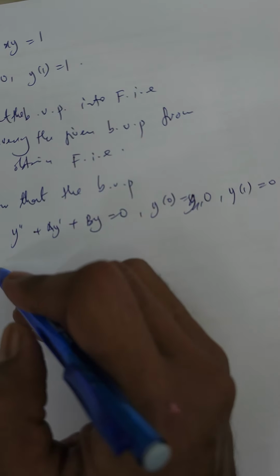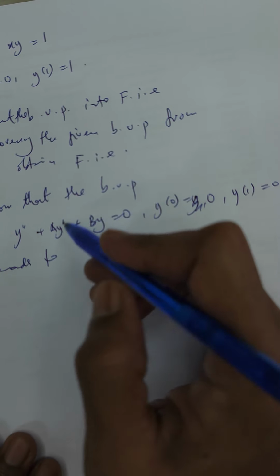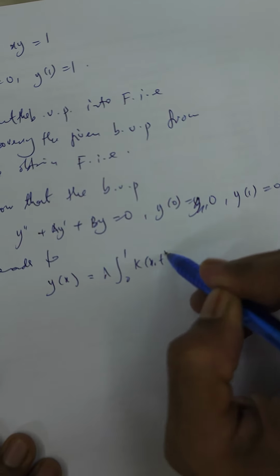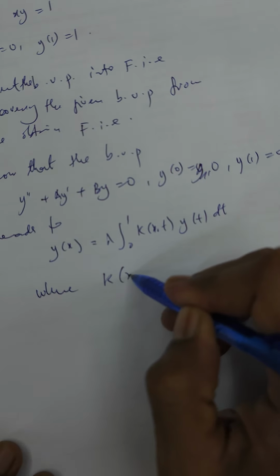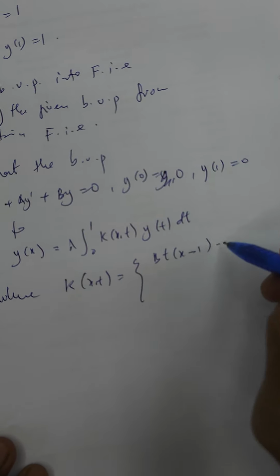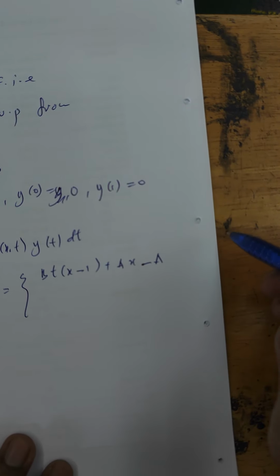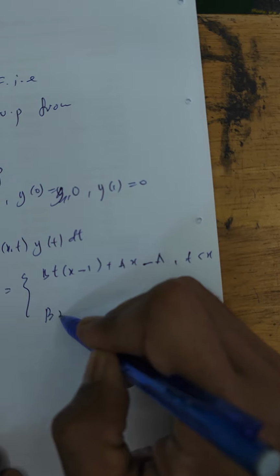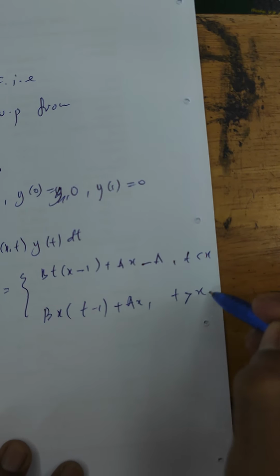Show that this leads to the integral equation y(x) equal to lambda integrate 0 to 1 k(x,t) y(t) dt, where your k(x,t) is b t (x minus 1) plus a x minus a for t less than x, and b x (t minus 1) plus a x for t greater than x.